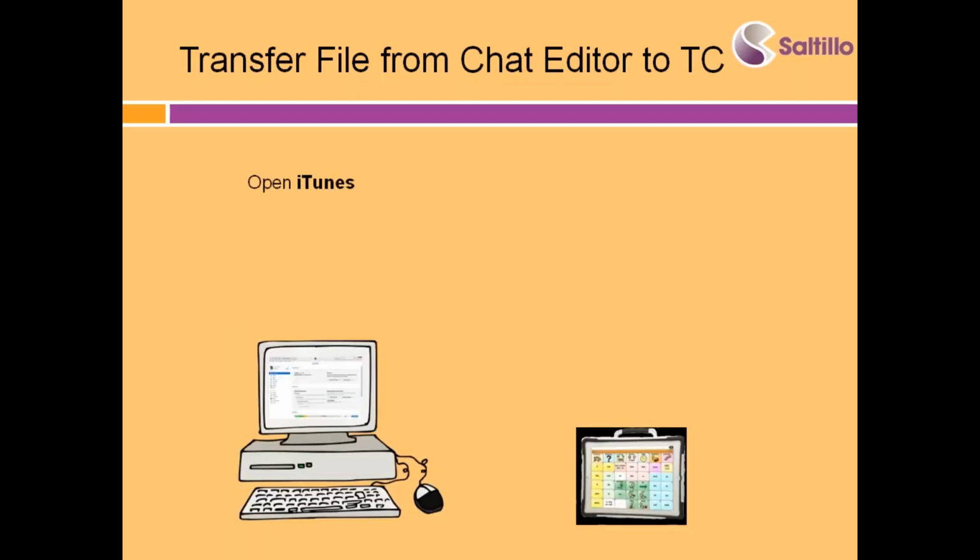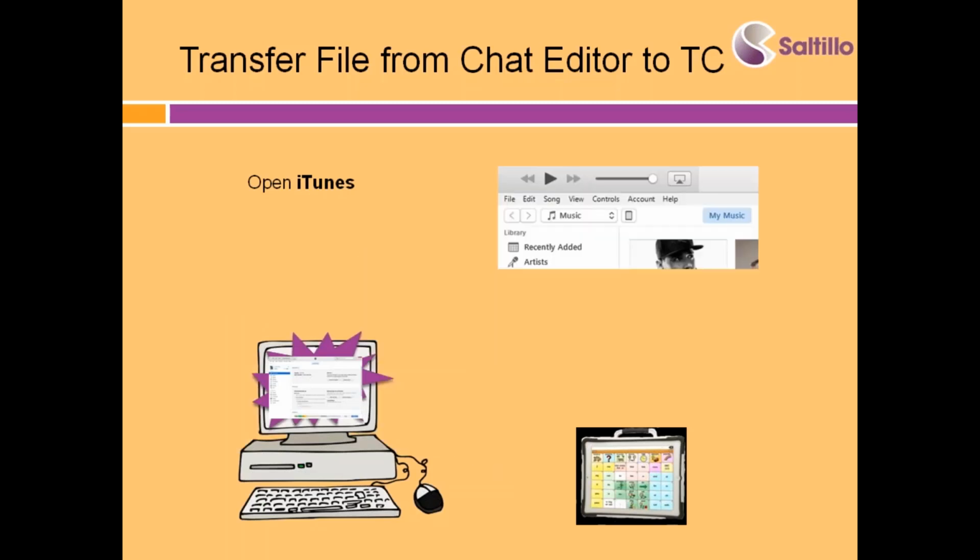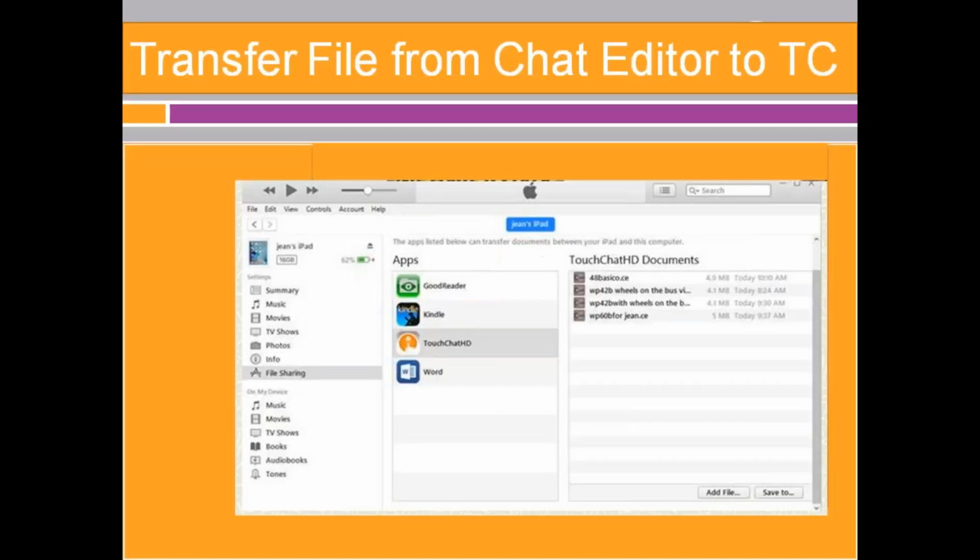And then you open up your iTunes. And when you open up your iTunes, because you have your device connected to it, you're going to see up here this little icon that's going to tell you this is your device. Apple just recently updated it, so it's a little different. When you go to the new update, what you need now is you go to File Share on there.